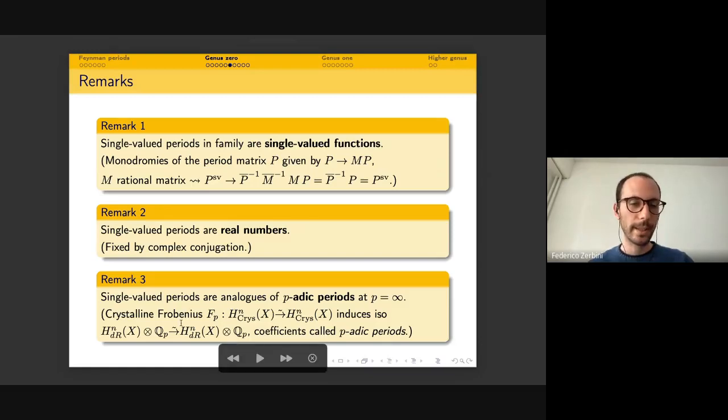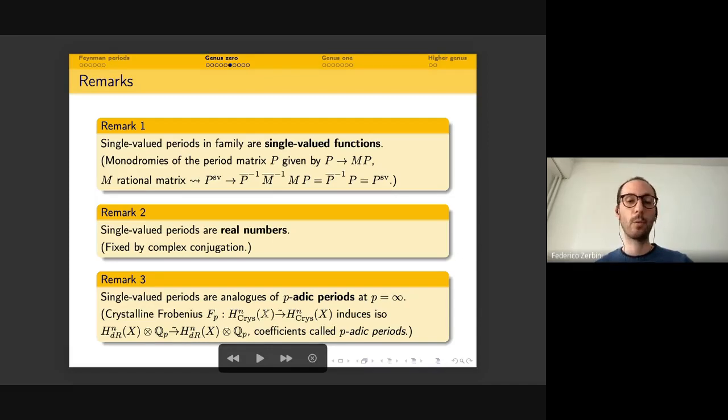So the definition I take here for p-adic periods is the following. You have the crystalline Frobenius F_p, which gives you an automorphism of the crystalline cohomology of your variety. And then you have a comparison isomorphism between H de Rham and H crystalline after tensoring by Q_p.